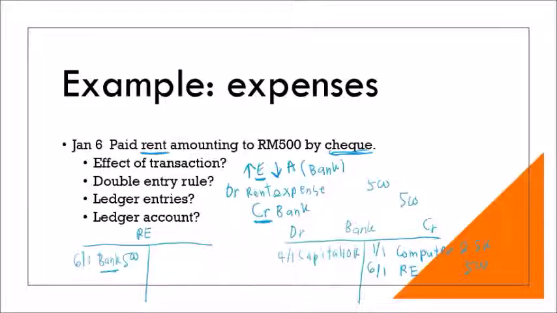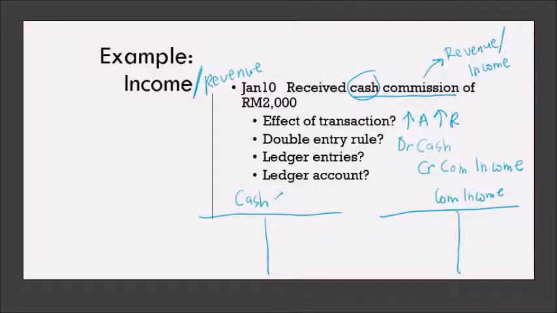So if there's no cash account open, you can just proceed with putting 10 of Jan, commission income 2000. Okay, oh sorry, in this they have 2000 also here. So for the commission income, since it increased in the credit side, you will have to put cash in here.